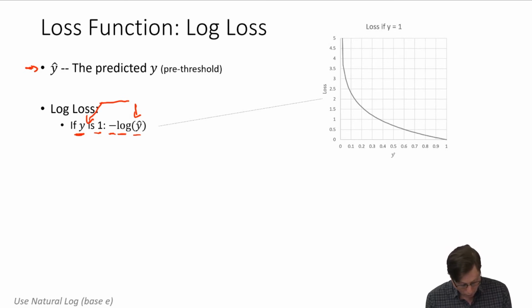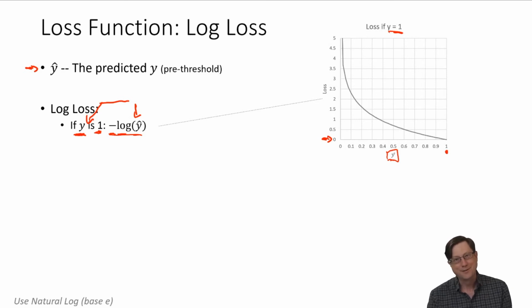If the correct answer is 1, then you do negative log of your answer. And here's a visualization of that. Here's the y hat, and remember that y equals 1. So if y hat equals 1, you're getting it right. You have the right answer, you're doing everything perfectly, and your loss is 0.